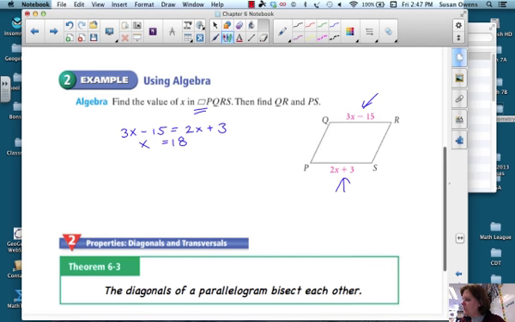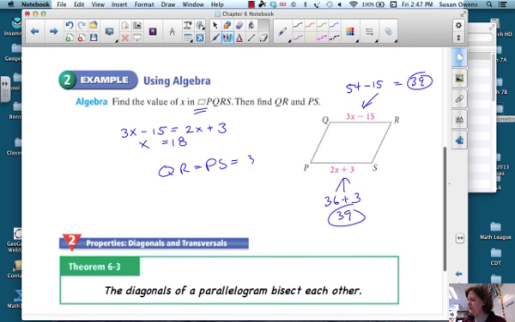And so this one is going to be 3 times 18, 54, minus 15 is 39. And just to do a quick check, this one is 2 times 18 is 36, plus 3 is also 39. And so QR and PS are also equal to 39. So I can write QR equals PS equals 39.